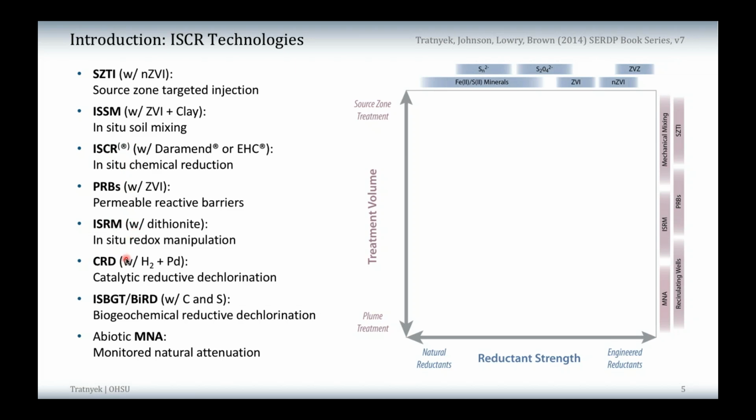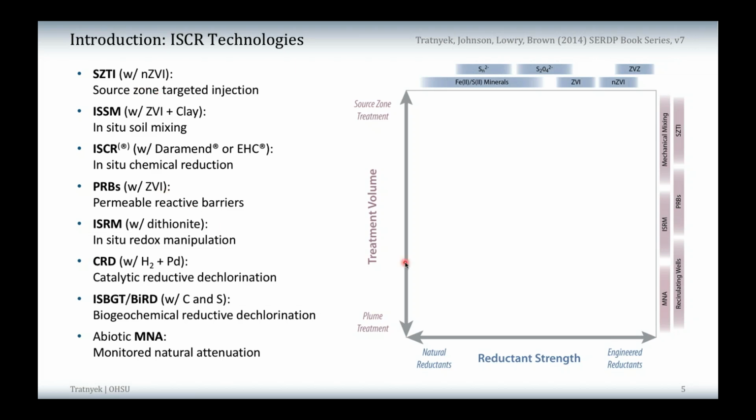A couple of them were neologisms of my own. This CRD stands for catalytic reductive dechlorination. I needed a name for palladium-catalyzed hydrogen in situ. I also invented SCTI for source zone targeted injection, basically to give a word to how NZVI was primarily used in that context.